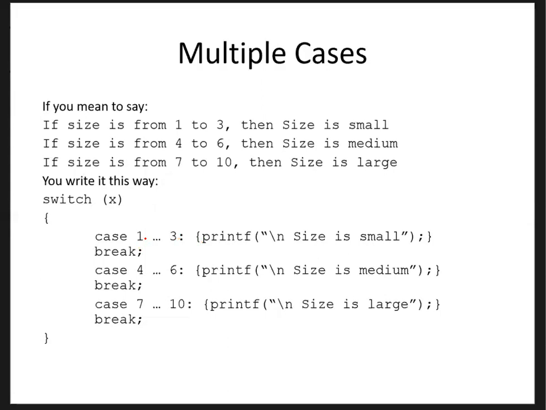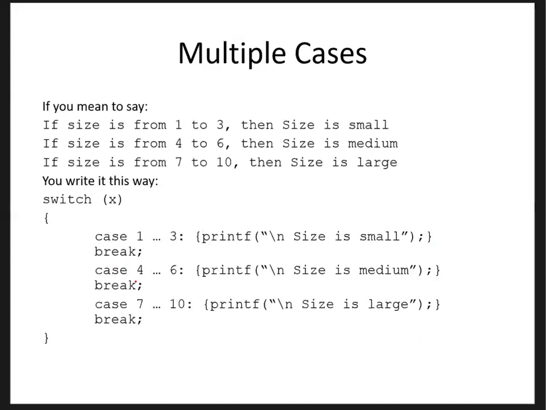This is how to, for example, declare a range. So case, space, 1, space, three dots, space, 3, and then colon. So it means that this is a case from 1 to 3. And if this is true, then it will print the size is small. Okay, so just enclose it with curly braces and then break.